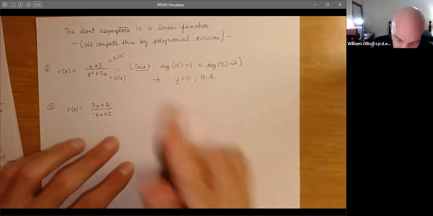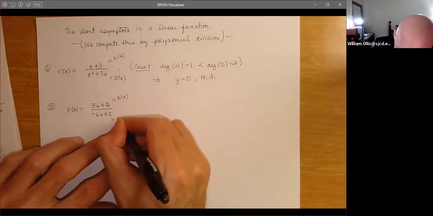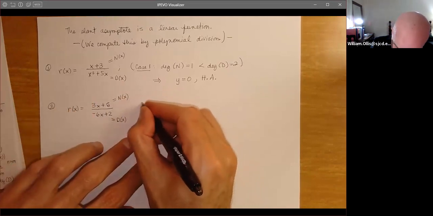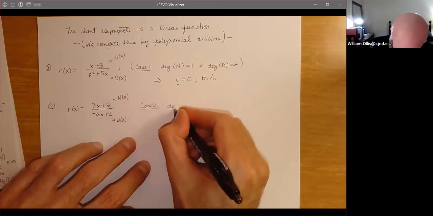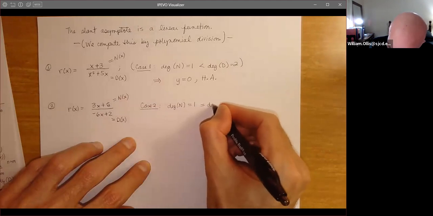When we look at this, here's the n of x and here's the d of x, but these are both of degree 1. So we have case 2. The degree of n equals 1, which is also the degree of d.